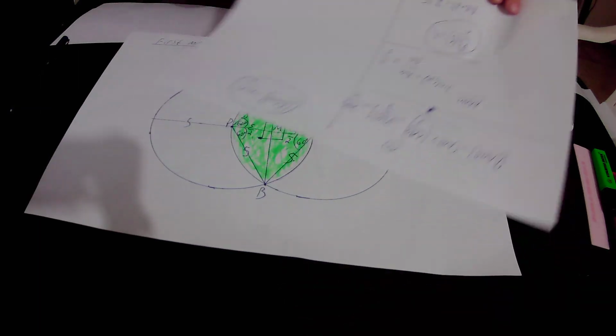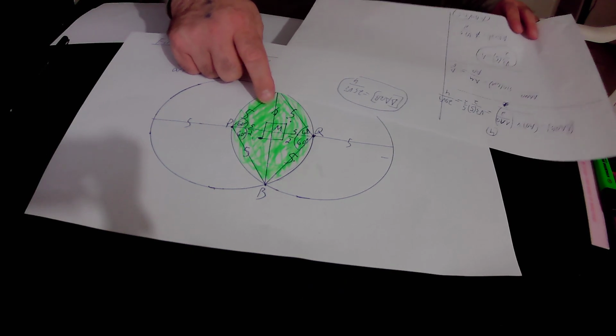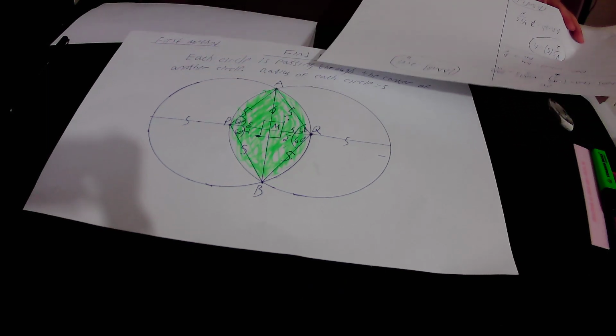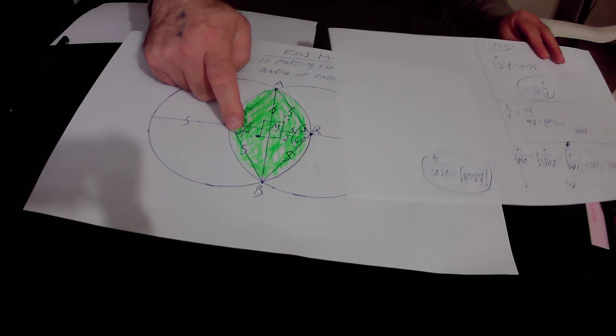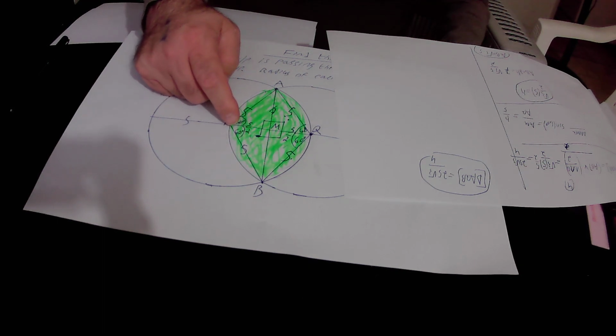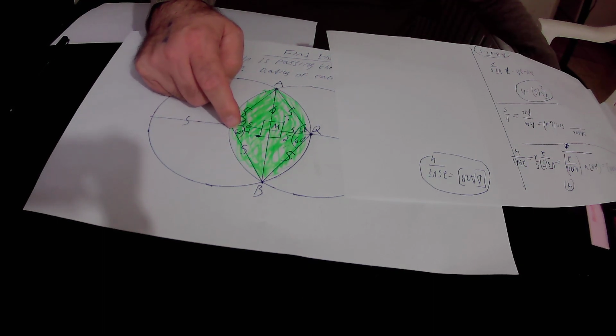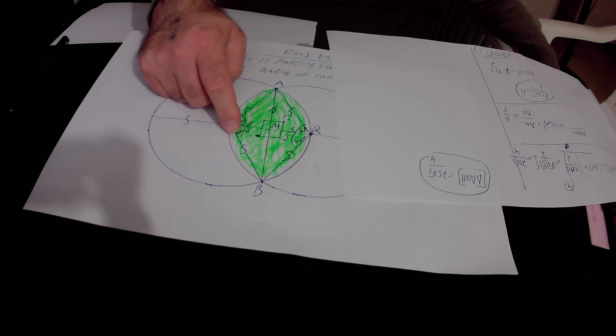Okay, h equals square root of 3 times 5 over 2, and here we get the same result for MB, because sine 60 degrees equals MB over 5.